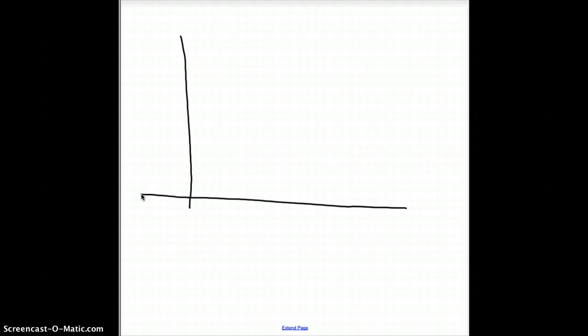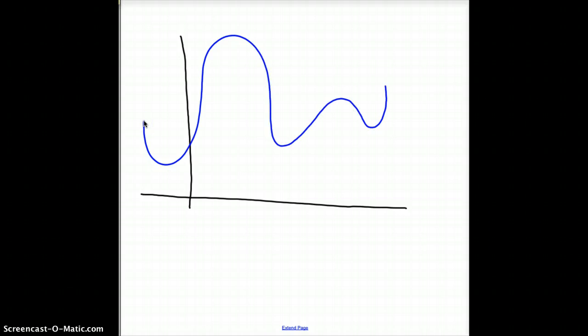But one thing I want to reiterate before I quit here is that when you have a function, and I'm just going to make a fake function that's going all over the place here, like this, there's going to be several questions on your worksheet that talk about different things like f of a.